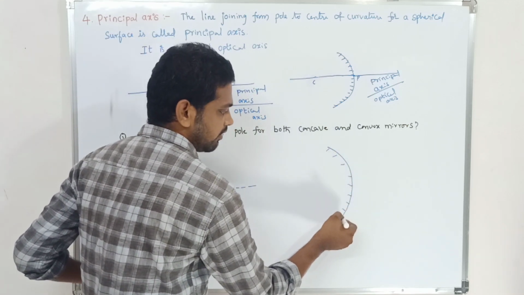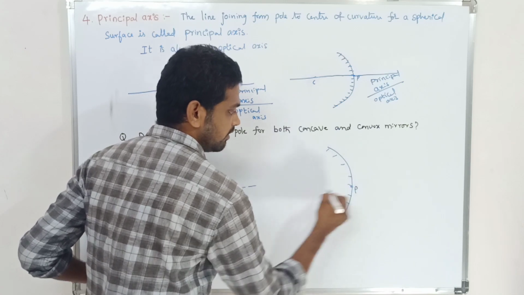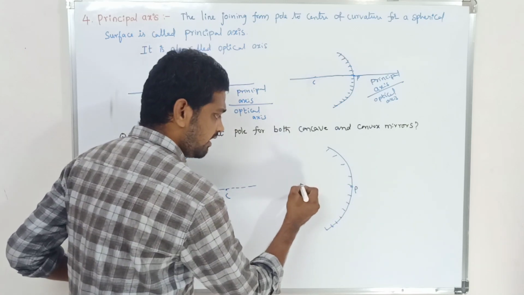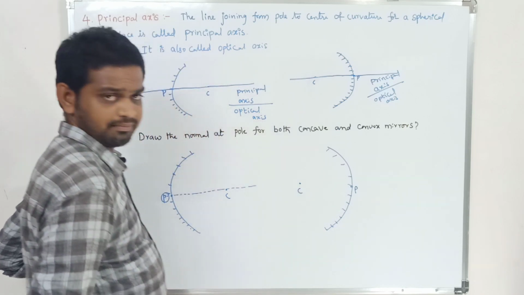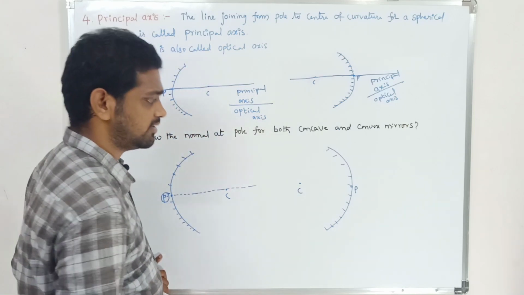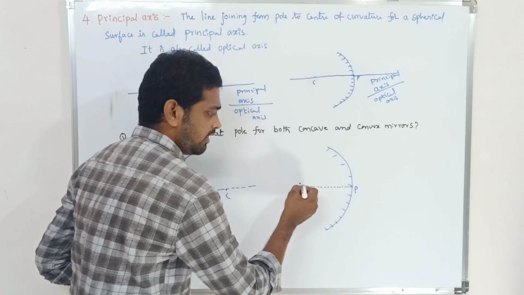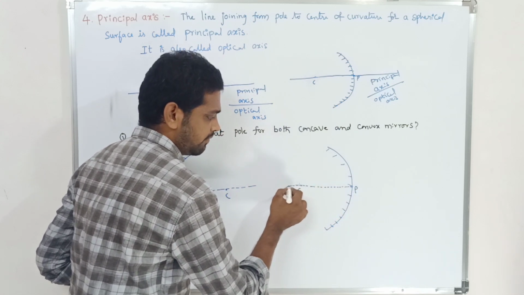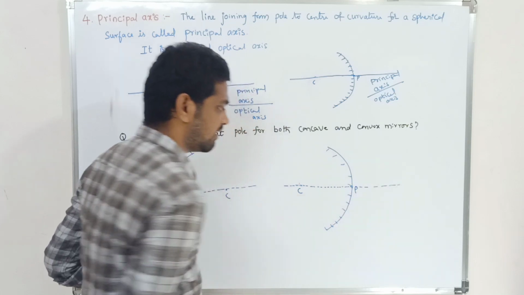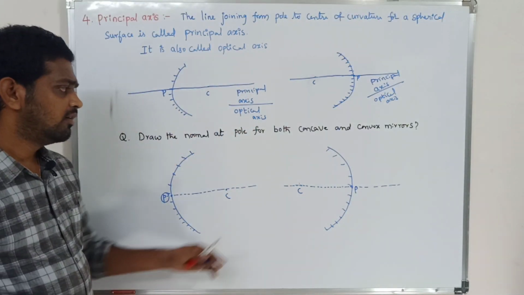I am going to draw the normal at the pole. In order to draw the normals, initially I locate the point C. C is nothing but the center of the sphere or center of curvature. Now try to join the pole and center of curvature. Clear? Here also you got the principal axis.